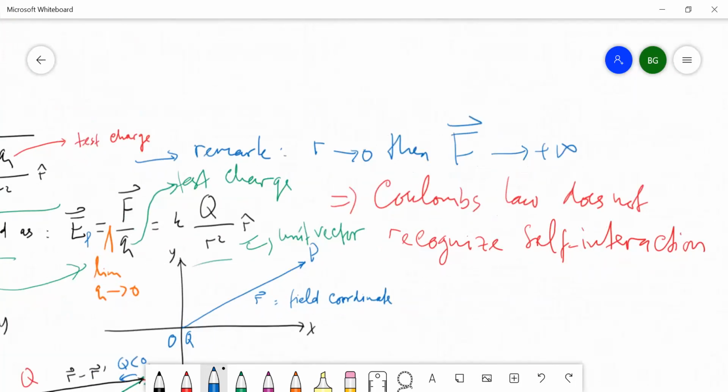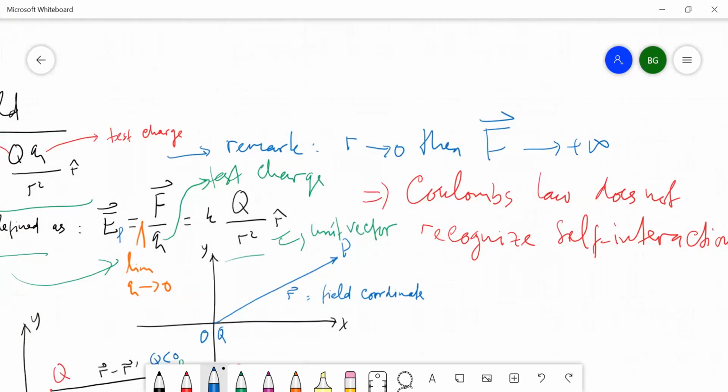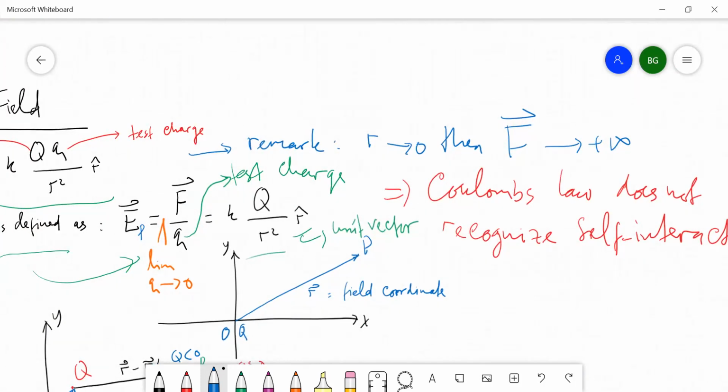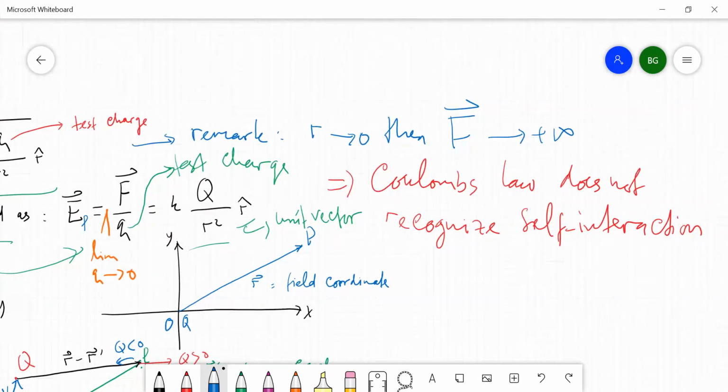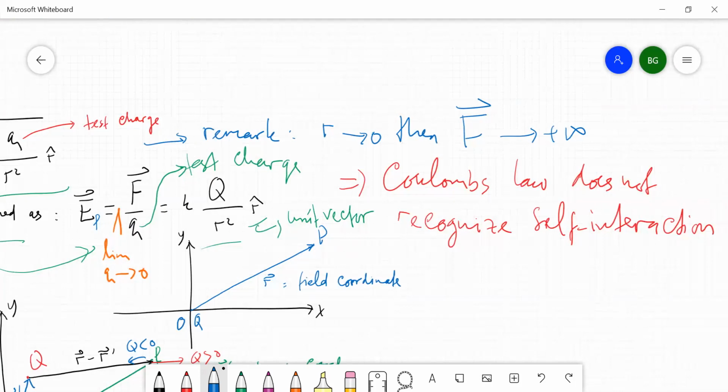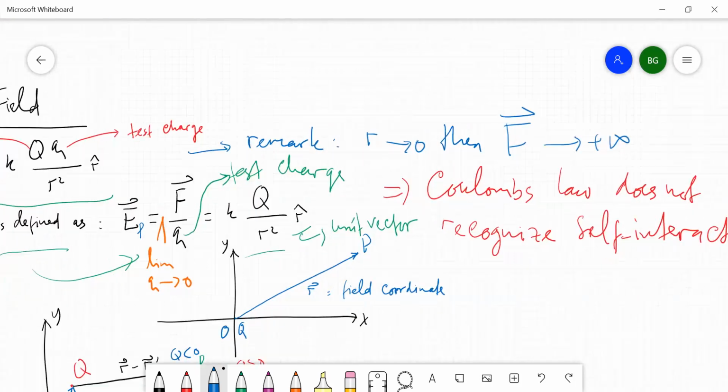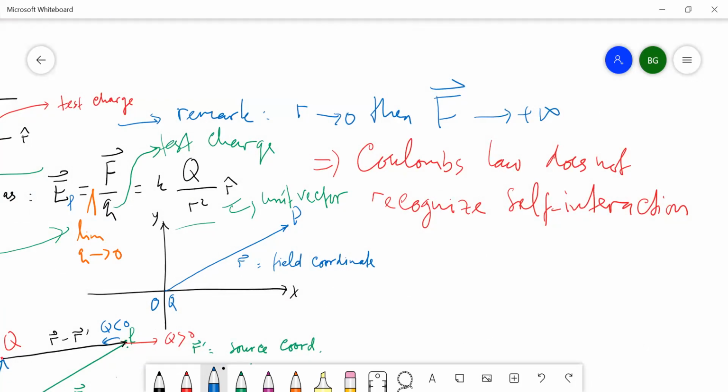So we see from this formula that we have some remarks. If R goes to 0, this electric field also diverges, means it becomes singular.